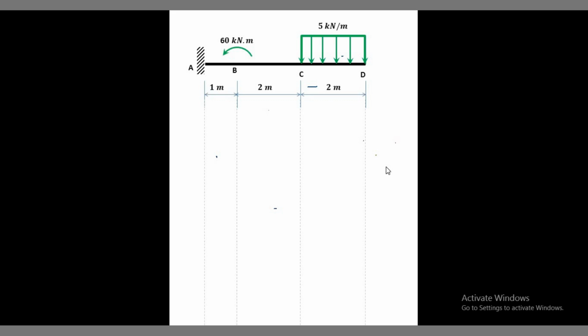How about the other values? So, 80. How about the others? What are your answers?